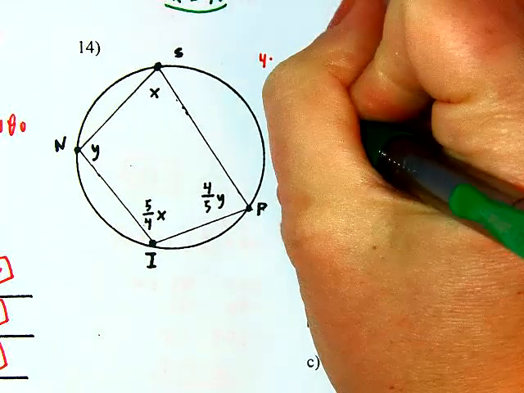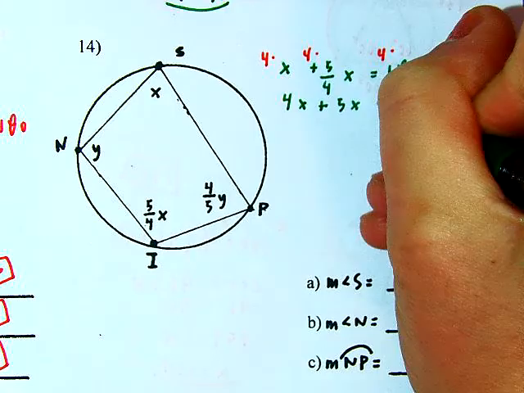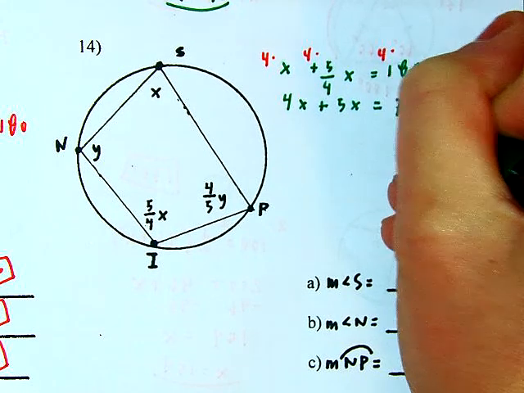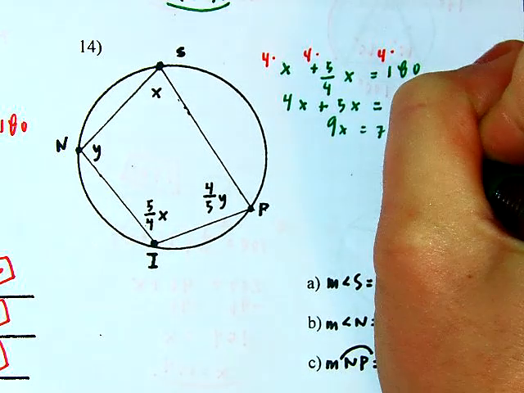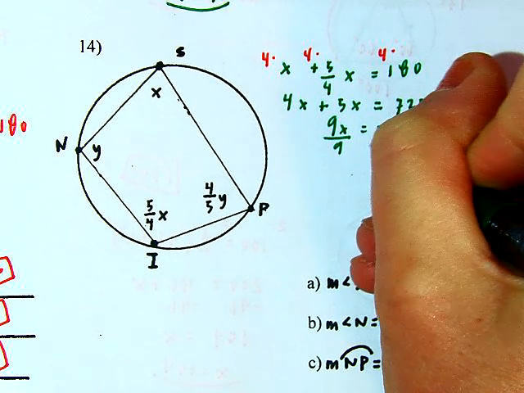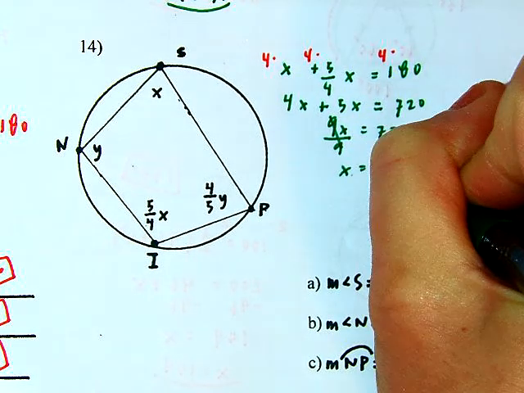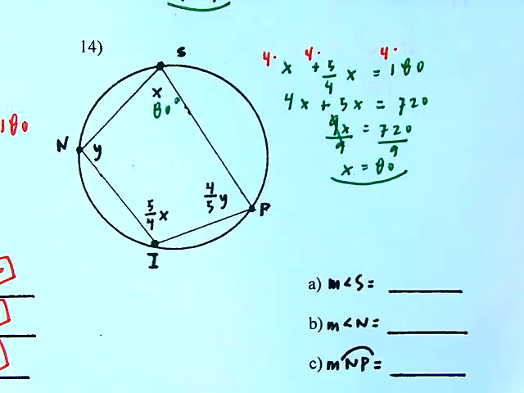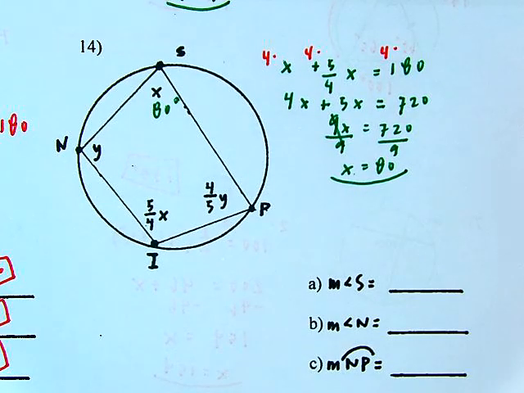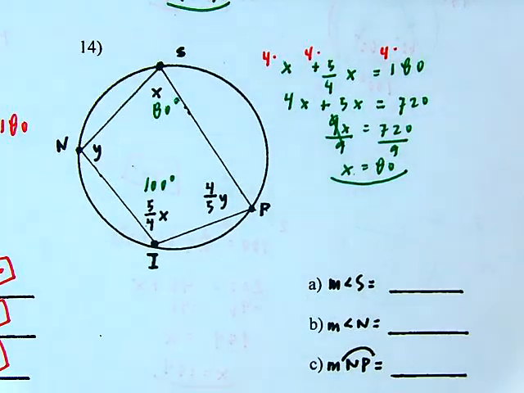Now I have 4x plus 5x equals 720. 9x equals 720. Divide by 9, and I get that x is 80. So right here is 80. And 5/4 of 80 would get me 100. That makes sense. Those add back up to 180.